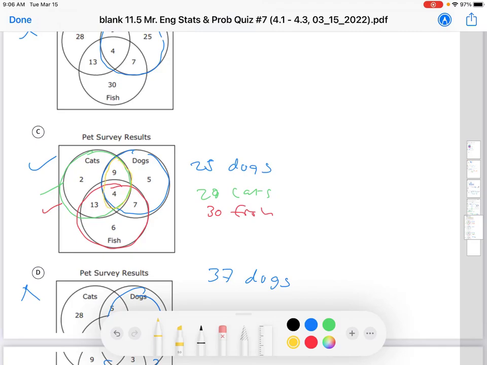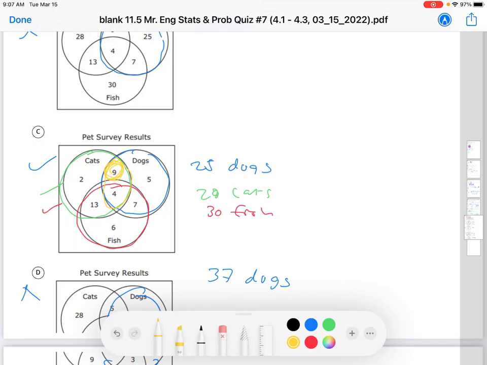Okay, this one has 9 plus 4. Because that one is saying there are 4 students that have cats, dogs, and fish. Nope.